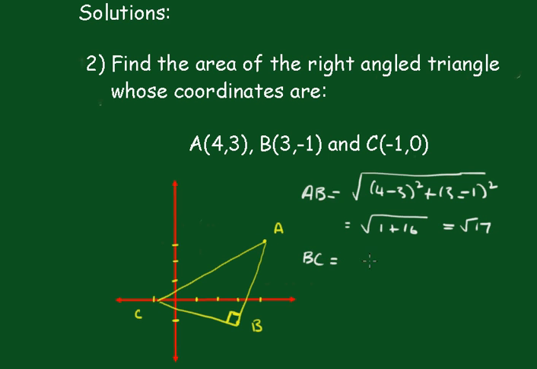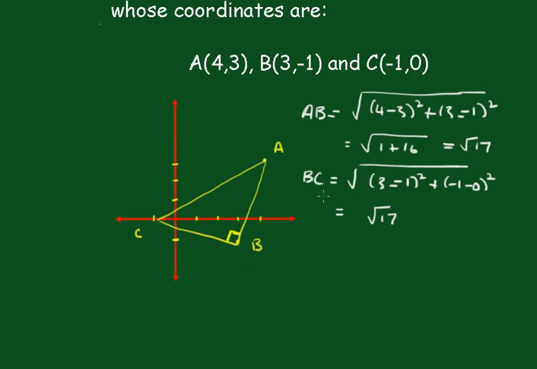BC is going to be equal to 3 take away negative 1 all squared plus negative 1 take away 0 all squared, and that again is going to give me the square root of 17, which we would expect because we know we're going to get a rational number. So the area is equal to a half the base root 17 times the height root 17, which is 17 over 2, which is 8.5 units squared as your final result.